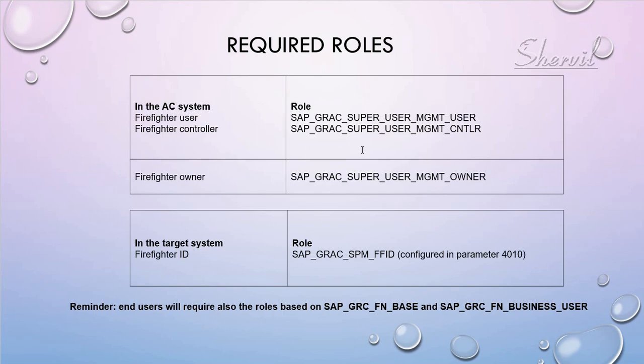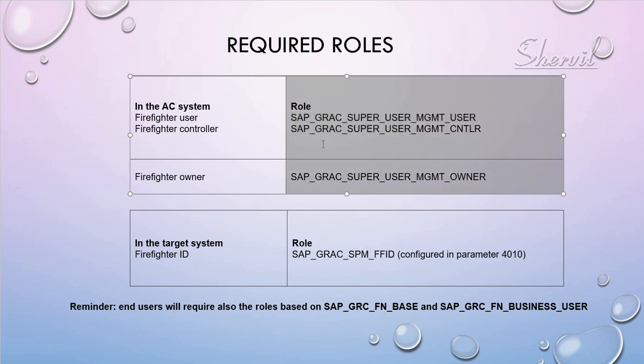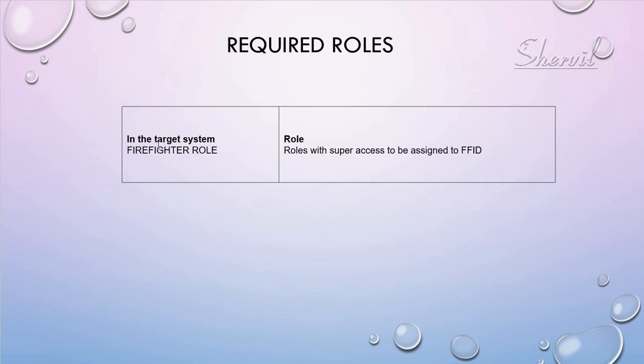Along with the standard delivered roles, this is in the back end as well as the front end; when I say front end, that is the GRC system. Along with this, in the plugin system, you need to create the elevated access role also, which is then assigned to the firefighters, that special firefighter ID.